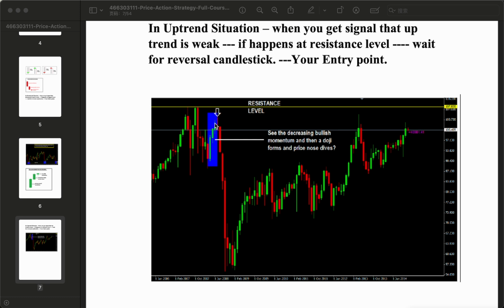Here, in the blue area, you see this green diminishing buying power hitting a resistance level, which is the white line. So the price cannot hold, and it is a reversal.